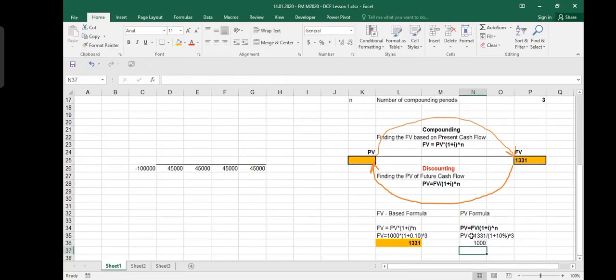It gives me $1,000. So you do it from here, you do it from there, answer is same, the formula is same. So this is a very simple concept of compounding and discounting. And we say that money loses value with time. So 1,331 in the future, which you are receiving in year number 3, its present value is just equal to $1,000. So money loses value with time.